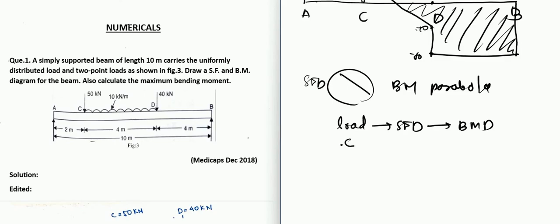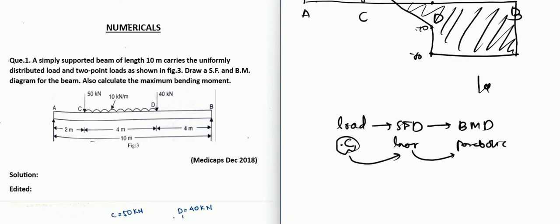You can just remember that if the load is constant, which is the case of a UDL, the shear force diagram will be linear, or inclined line, and the bending moment diagram will be parabolic, which is 1 degree above linear, and linear is 1 degree above constant. So you can just remember that.